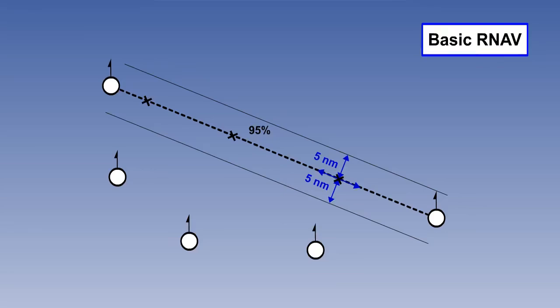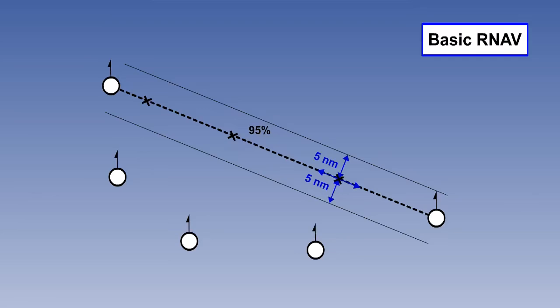There are two types of RNAV system: basic and precision. Basic RNAV, known as BRNAV, is required to give lateral and longitudinal position accuracy to within 5 nautical miles on 95% of occasions.